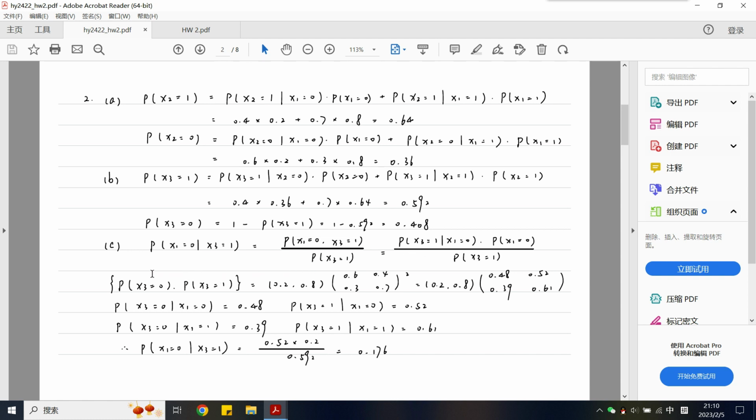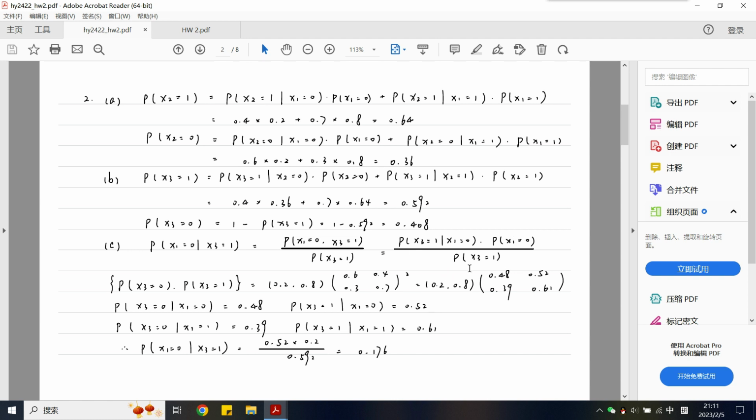To find this, we need to calculate the probability x3 is 1 in another way. We put our data into this formula, and we find that the probability that x3 is 1 given that x1 is 0 is 0.52.